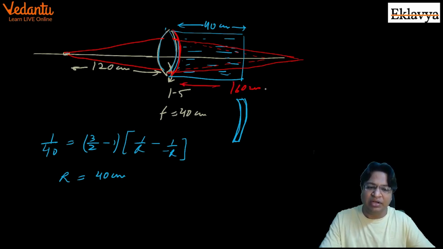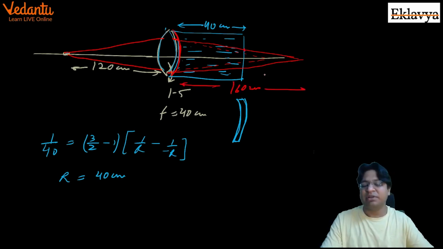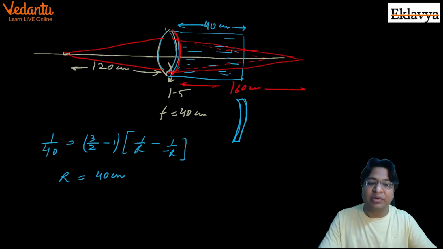Okay, but then again, refraction will take place here, and now the rays will bend away from the normal because the ray is going from denser to rarer medium. So by bending away from the normal, they will probably converge somewhere closer here. All right, and the distance always changes by a factor of mu.